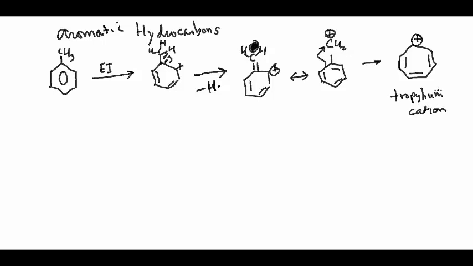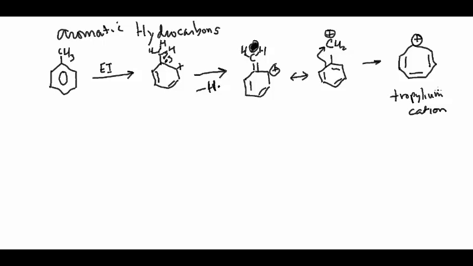So the tropylium ion itself can further fragment, breaking off acetylene molecules and leaving a smaller aromatic cation.